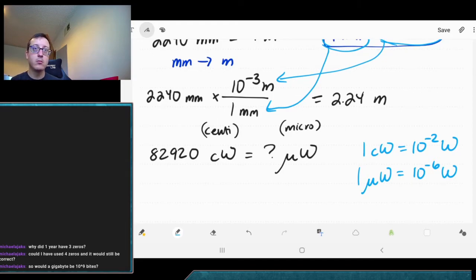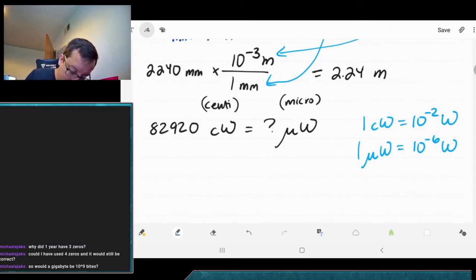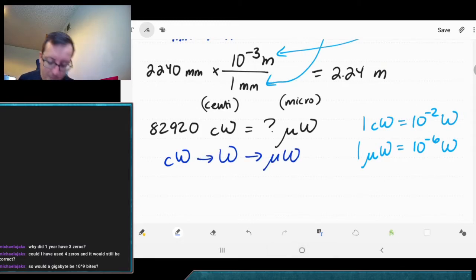So, just by putting our definitions out there, we can see we now have this good middle ground to step over in between centiwatts and microwatts. And that would just be plain old base unit watts. So a unit plan for this might be starting with centiwatts, going to watts, going to microwatts.